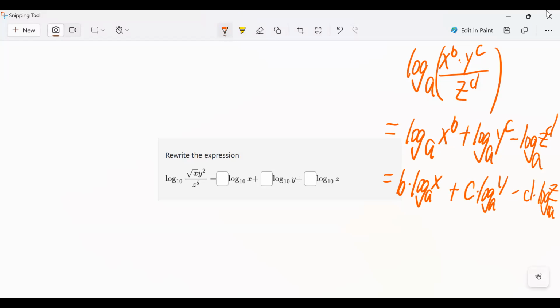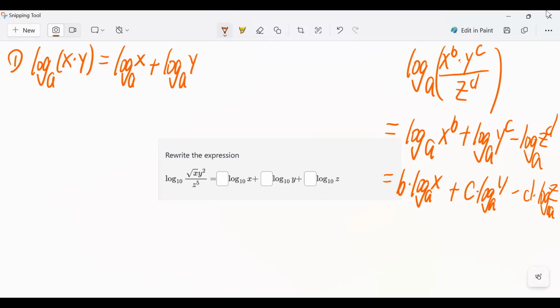But if you're going back to the original, let's say the multiplication, so earlier we have log a of x times y, right? I can break it down as log a x plus, multiplication becomes addition, log a y. So earlier we learned this direction, now we're learning going backwards.